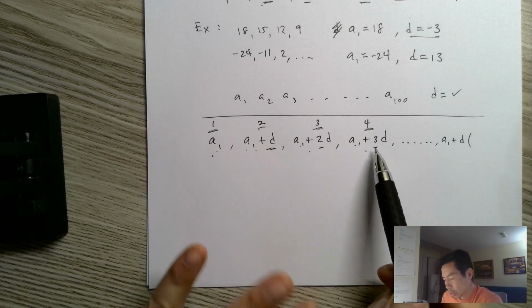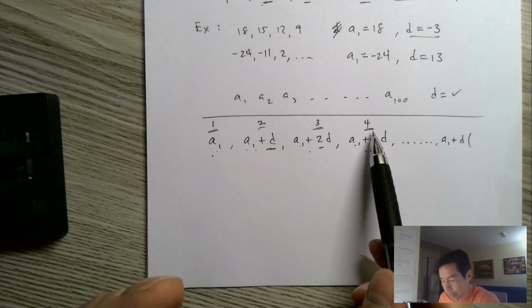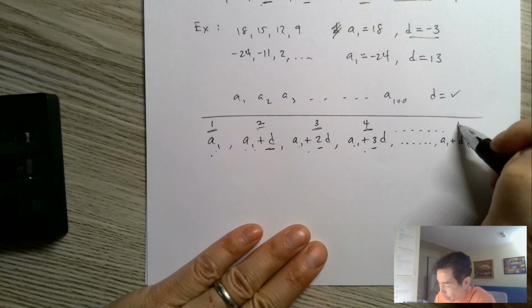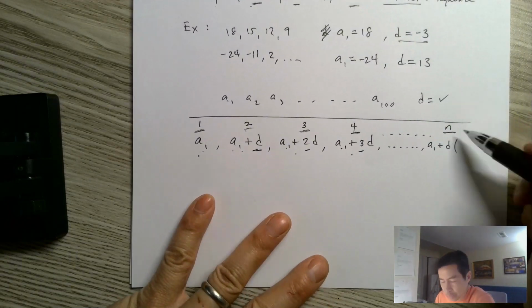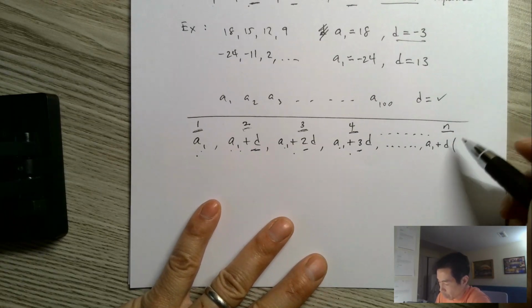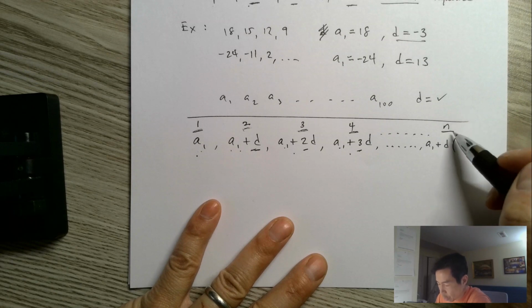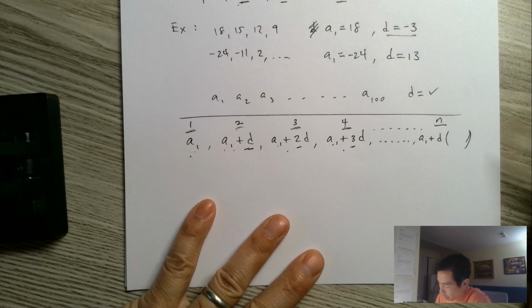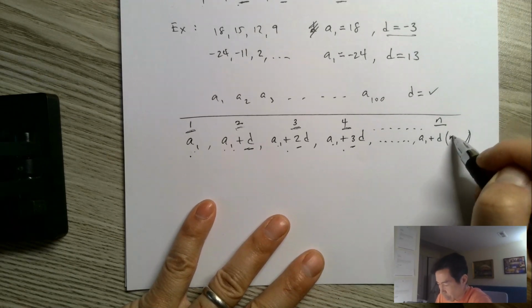That's why the coefficient of d is always 1 less. So when I get to the nth term, where n stands for some ordinal number, like a very high ordinal number down the road, the coefficient of d, which I'm going to put in the parentheses right here, is 1 less than it, so it's n minus 1.